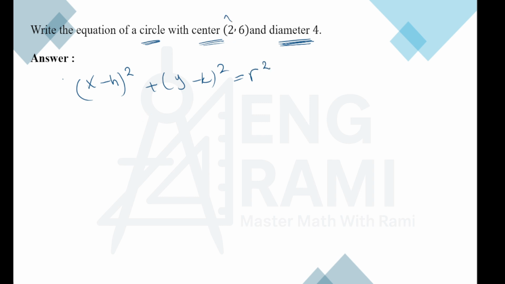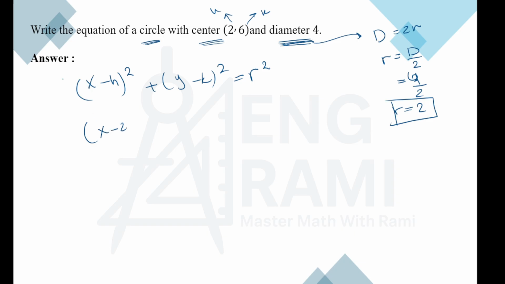From here, this is h, and this is k, but the diameter equals 2r, then r equals diameter over 2, and 4 over 2, then the radius equals 2. x minus 2 squared plus y minus 6 all squared equals 2 squared, then x minus 2 all squared plus y minus 6 all squared equals 4.